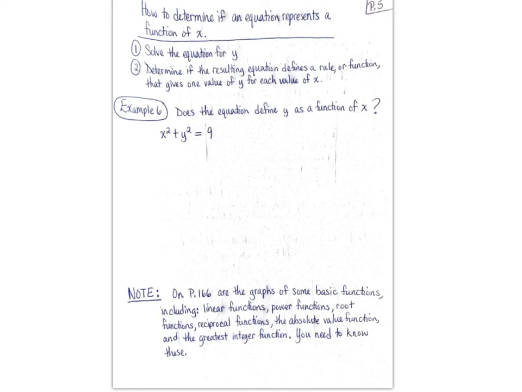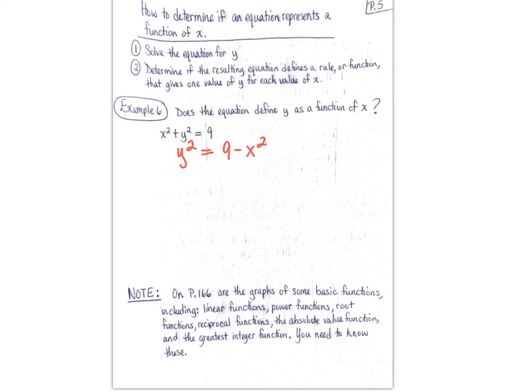So we have to isolate y and put it in terms of x. Subtract x squared from both sides. That gives us y squared equals 9 minus x squared.